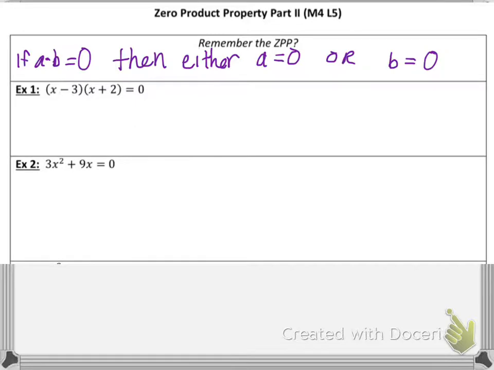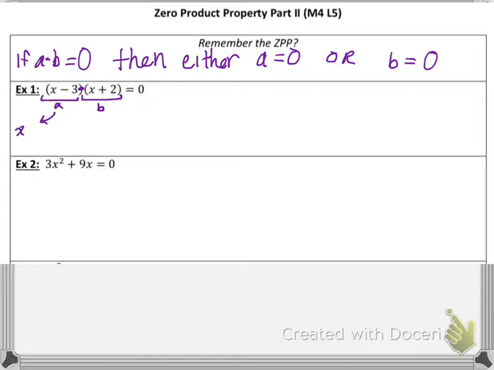The idea is that if x minus 3, that's one factor, times x plus 2 is equal to 0, then x minus 3 is like the a above, and x plus 2 is like the b. So one of those two things must equal 0.